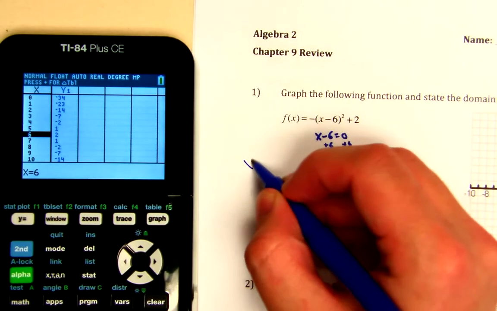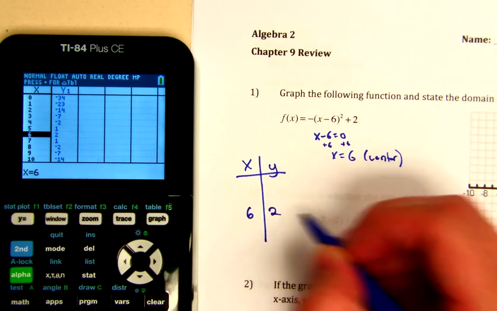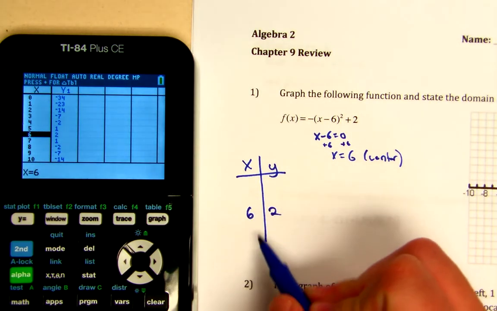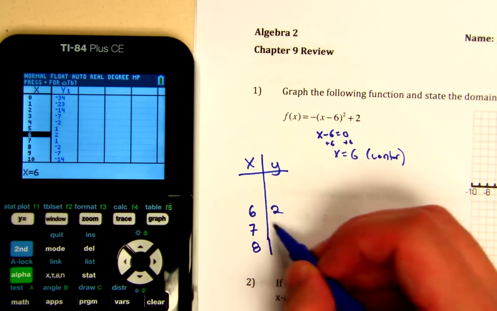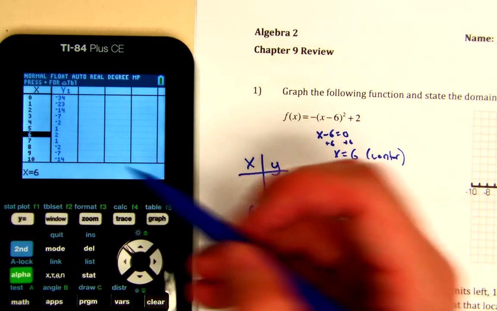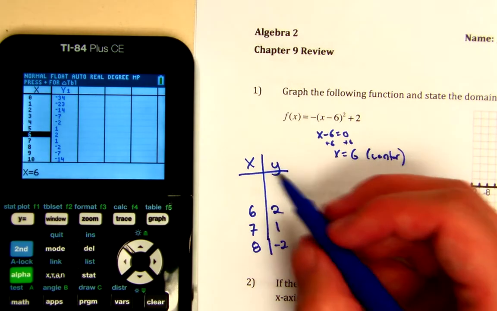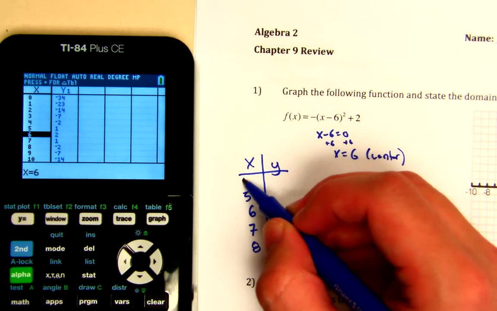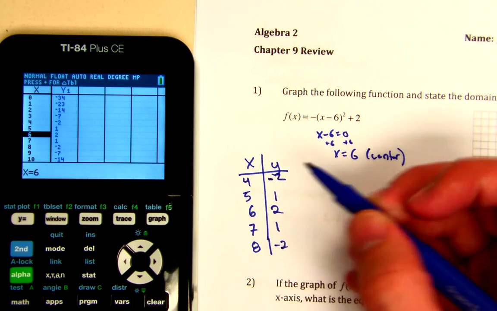So make your table x, y, and put 6, 2 in the center. Choose some points below it and above it. So 6, I'm going to do 7, 8. So looking at my table, 7 goes with 1, 8 goes with negative 2. I'm going to choose 5 and 4. Well, 5 goes with 1, 4 goes with negative 2.